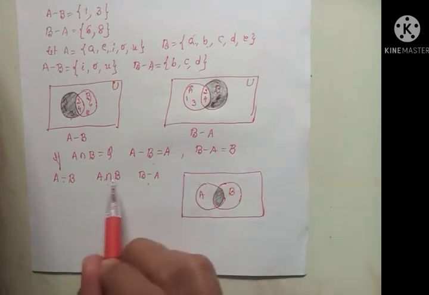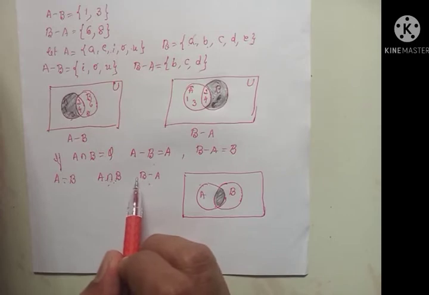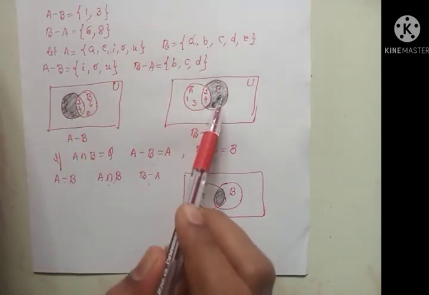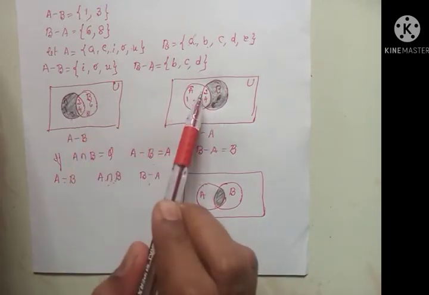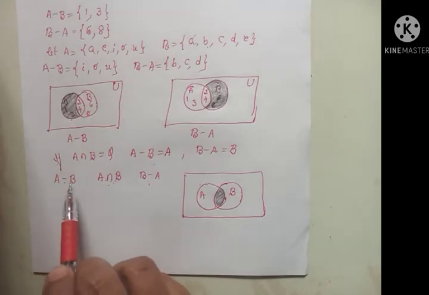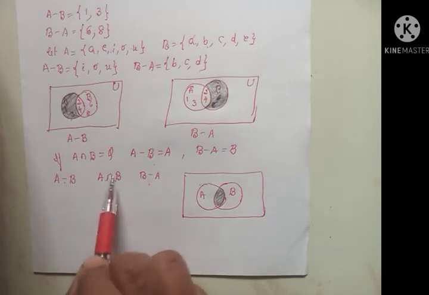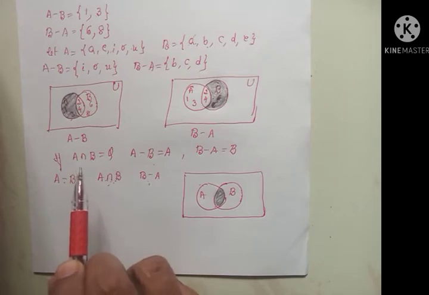So again, the intersection of these two is the empty set. Similarly, here the left side portion and here the right side portion, there is no region common between these two. Therefore, the intersection of A minus B and B minus A is also empty. So these three sets are mutually disjoint.